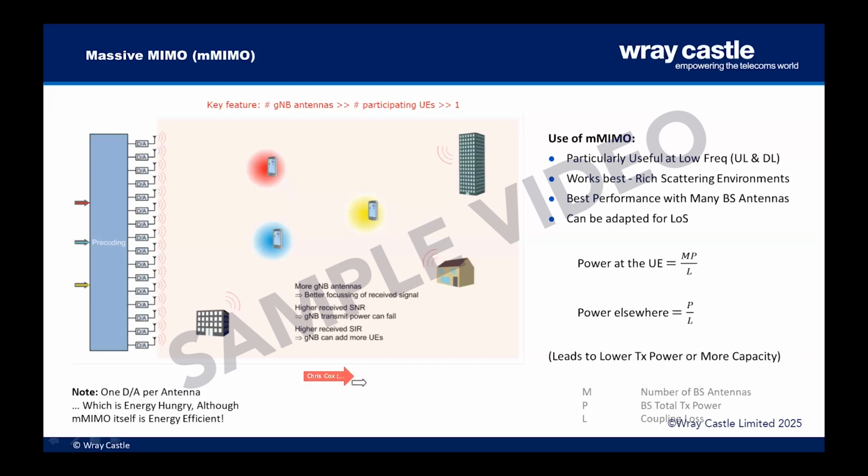So massive MIMO is essentially an adjustment of multiple user MIMO in which the base station has a large number of antennas. It allows you to reduce the electrical power consumed by the base station, which is good, and it allows you to transmit to multiple mobiles on the same frequency at the same time, thereby improving the capacity of the system.